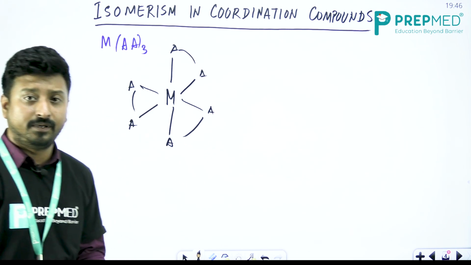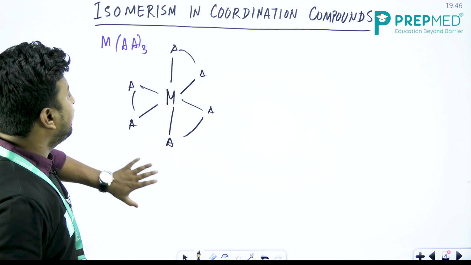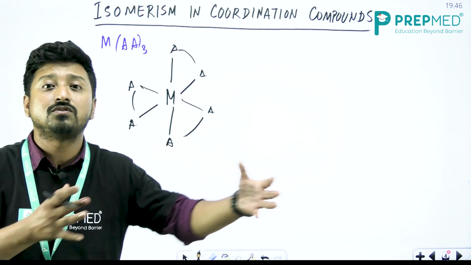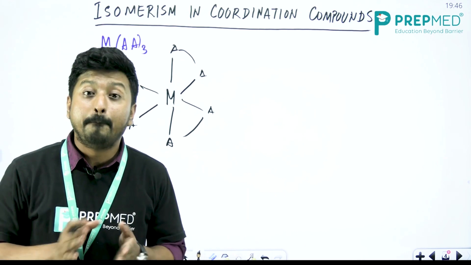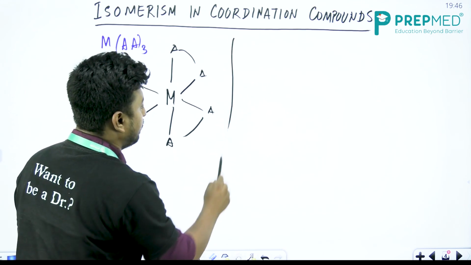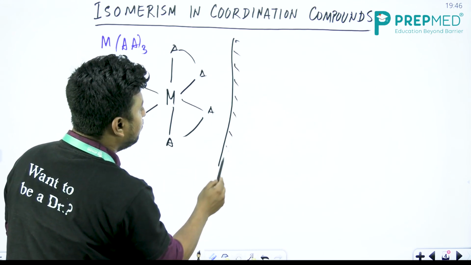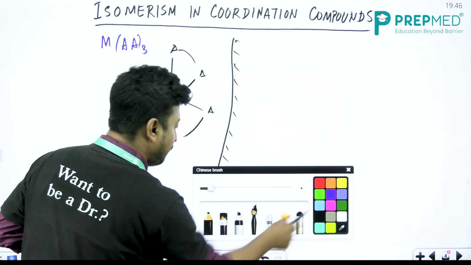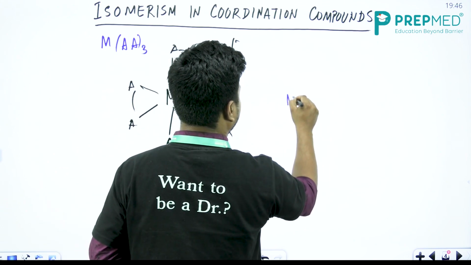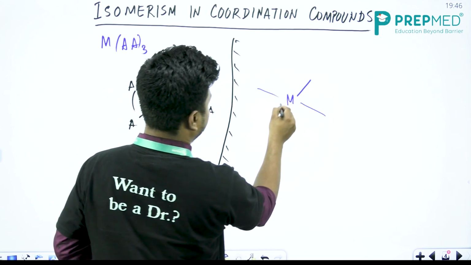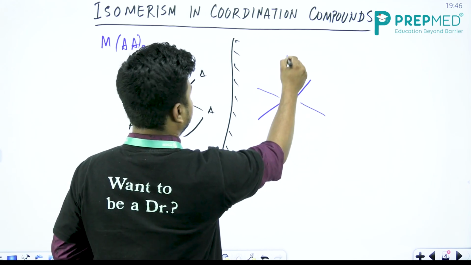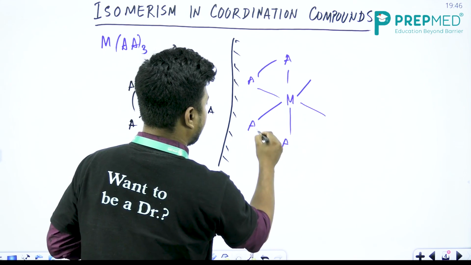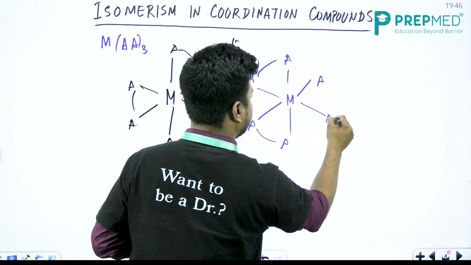Now see here, one thing very clearly: you cannot call this molecule cis or trans, because there is no set of geometrical variations. But if I put a mirror here, what will we see? If I put a mirror here, we will get this molecule, like this, right?